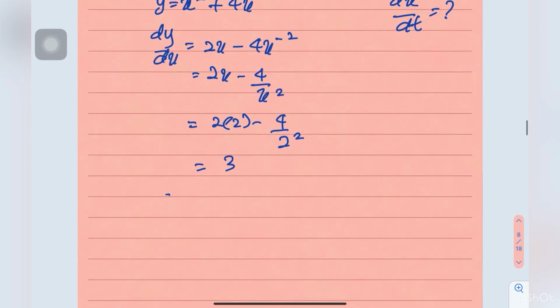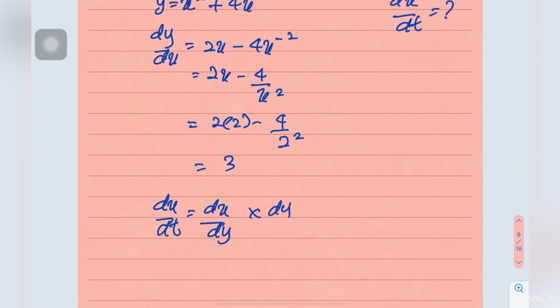Okay, so chain rule: dx/dt is dx/dy times dy/dt. Look at here, we have dy/dx and we need dx/dy.